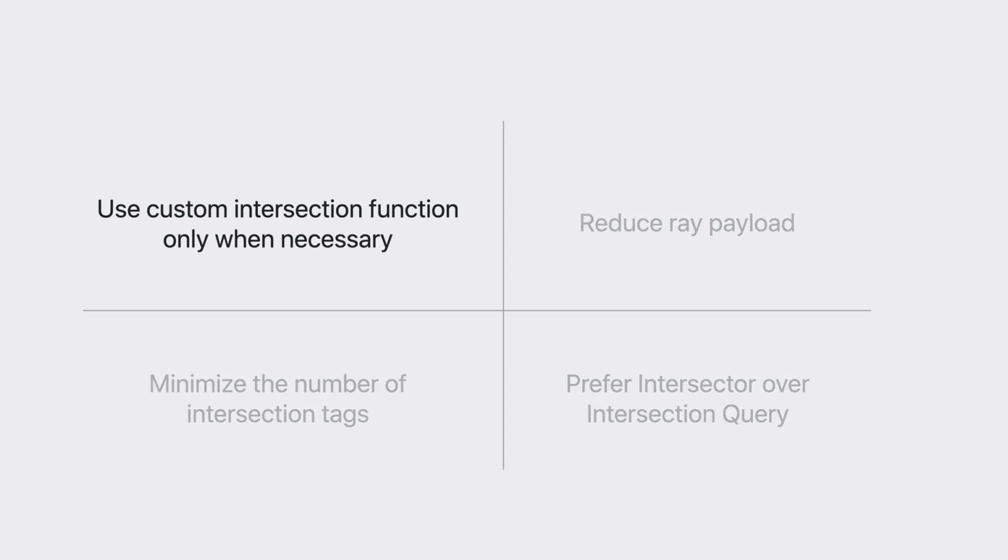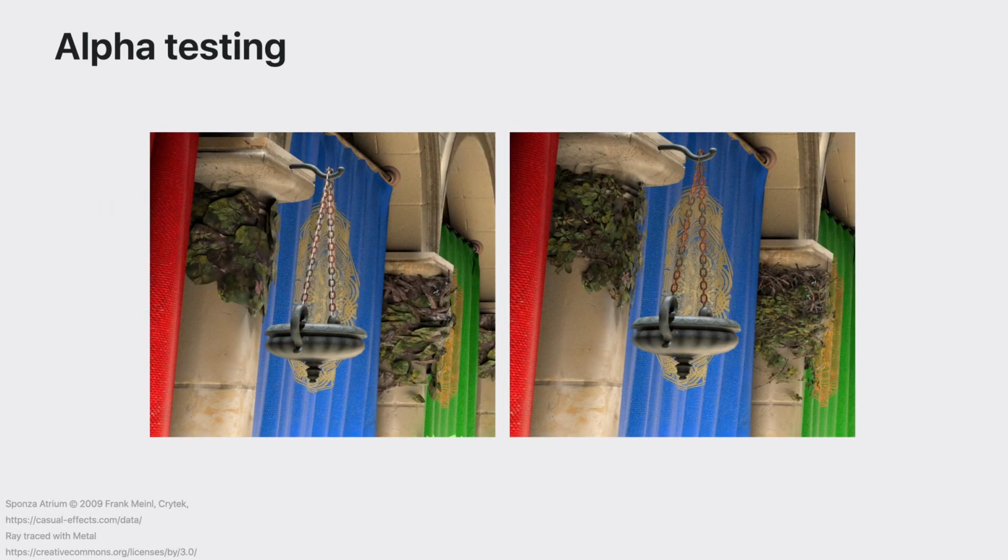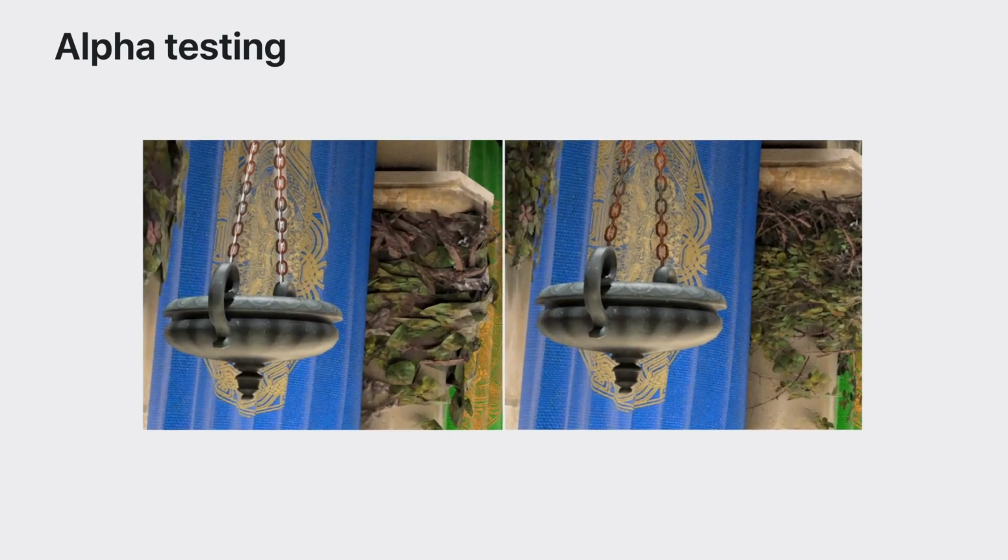Custom intersection functions are a powerful way to define how rays hit surfaces. But use custom intersection functions only when necessary. Custom intersection functions are important for implementing features like alpha testing. Alpha testing is used to add more geometric detail to the scene, like in the chains and leaves from this image.